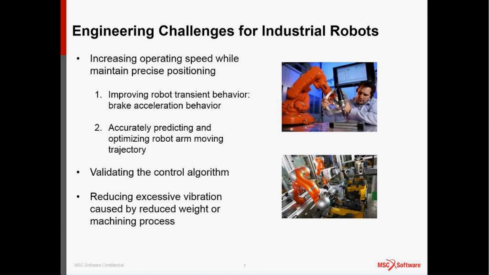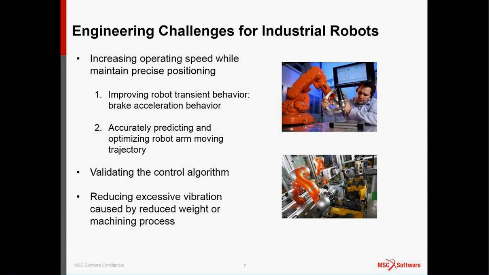And of course, there are some very typical engineering challenges for designing industrial robots. First and foremost, everyone wants to increase the operating speed of their machine. But increasing the operating speed might generate other problems.